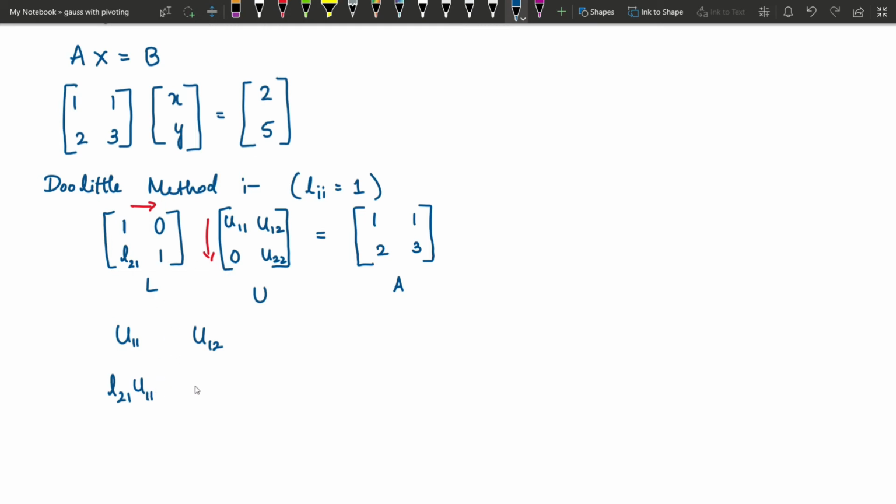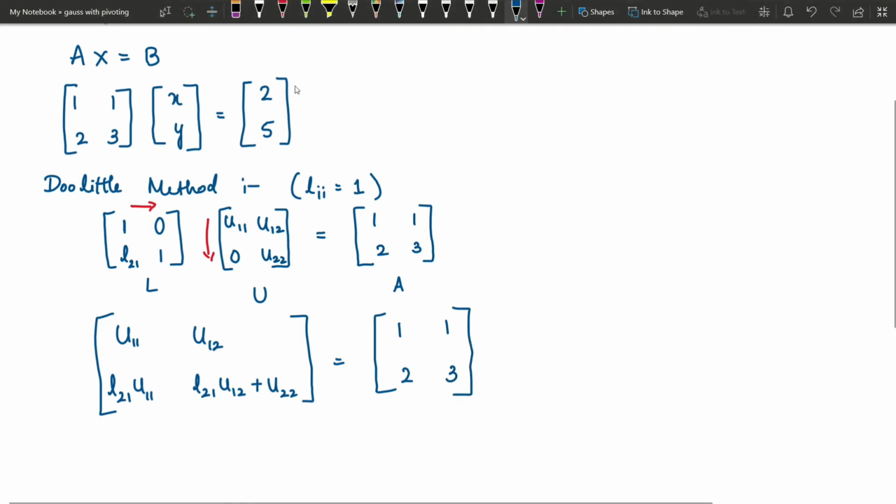Next we'll multiply second row with first and second column. So we get L21 into U11 plus 1 into 0 is 0. Next term is L21 into U12 plus U22. So this is our matrix L into U. This is equal to 1, 1, 2, 3.